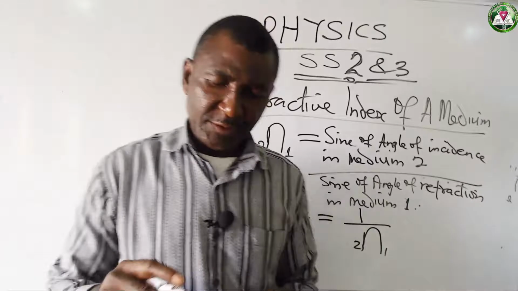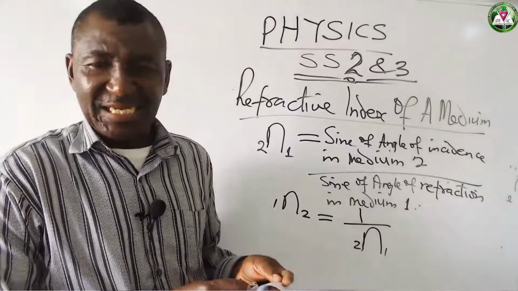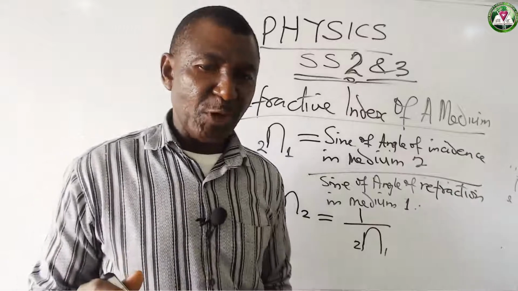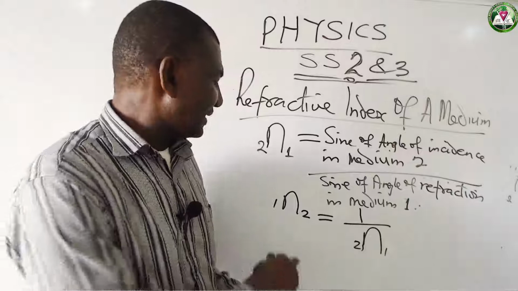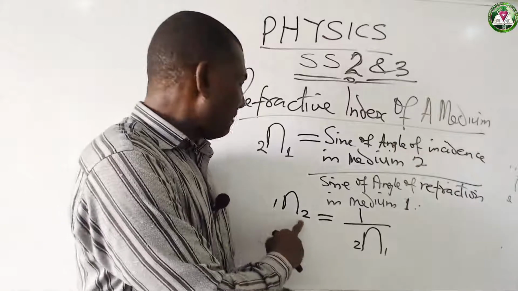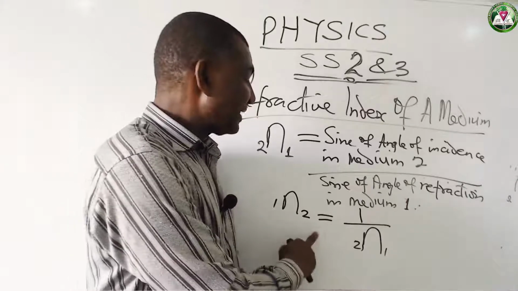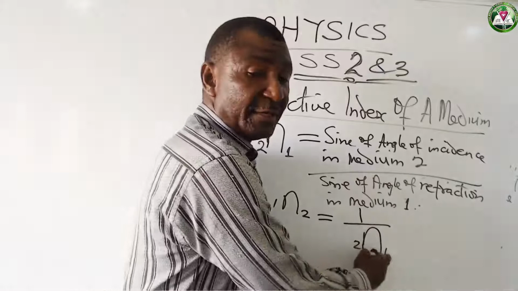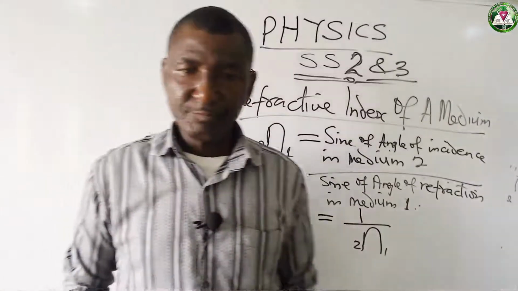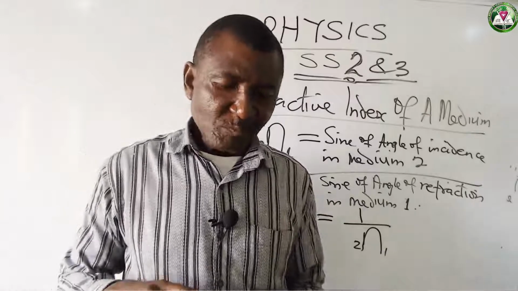I repeat, from the principle of reversibility of light, the refractive index of medium 2 relative to medium 1 is the same thing as the reciprocal of the refractive index of medium 1 relative to medium 2. So that is what we now see.